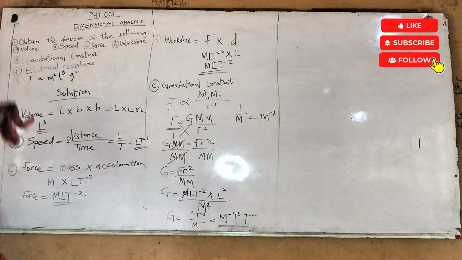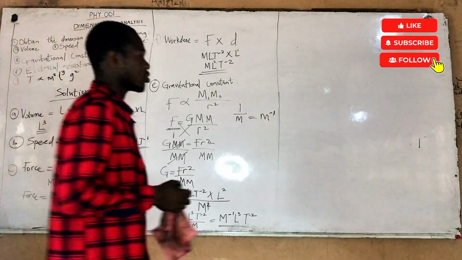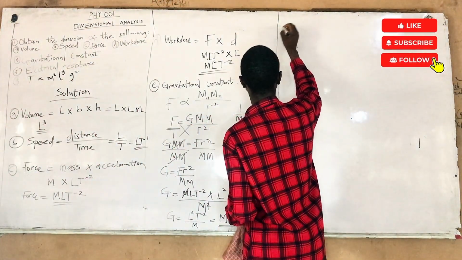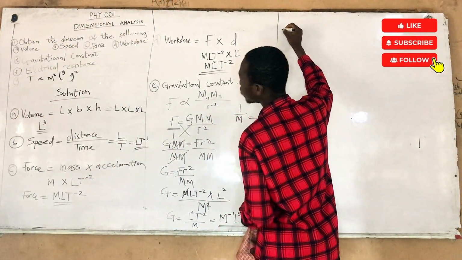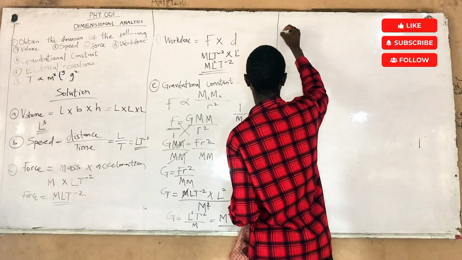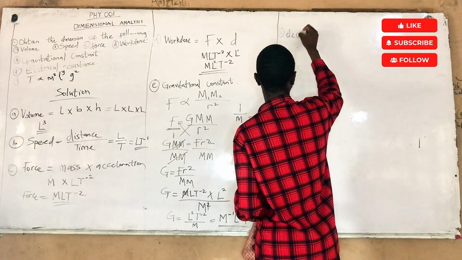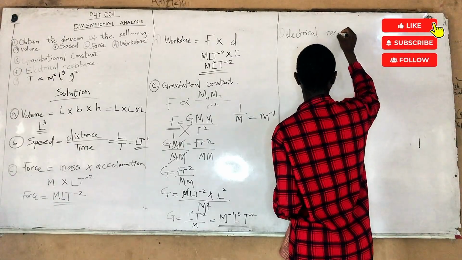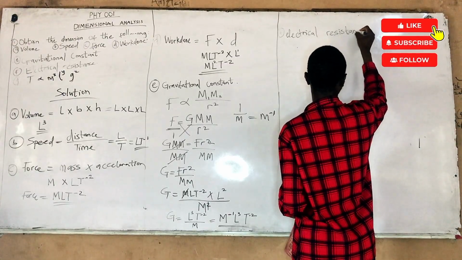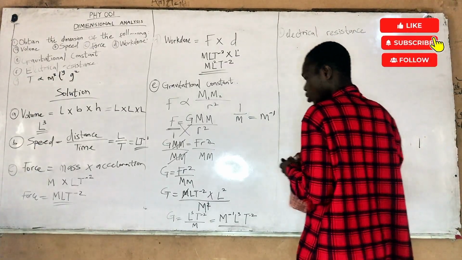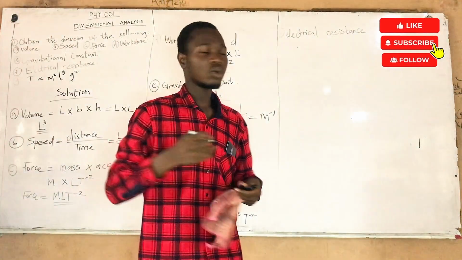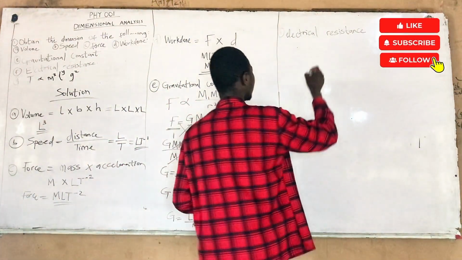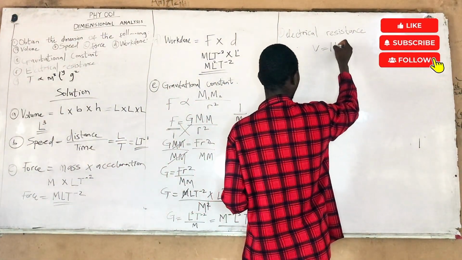That's electrical resistance. So we know that according to Ohm's law, we are having V is equal to IR.